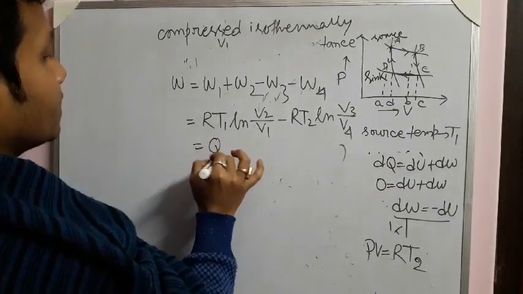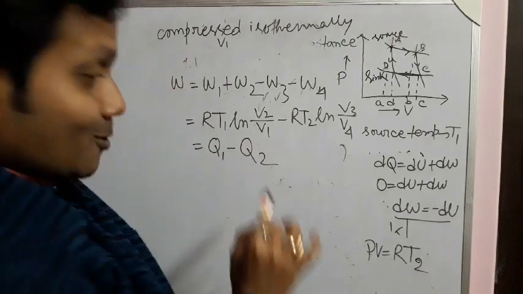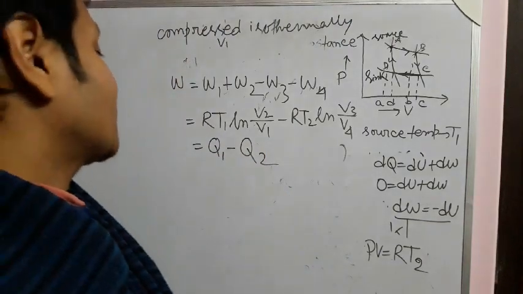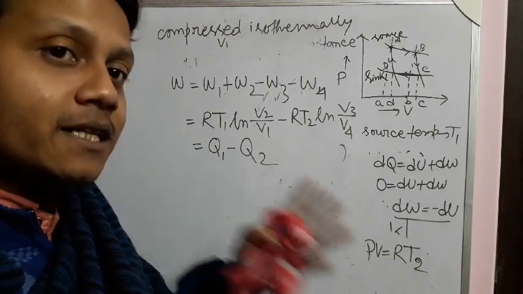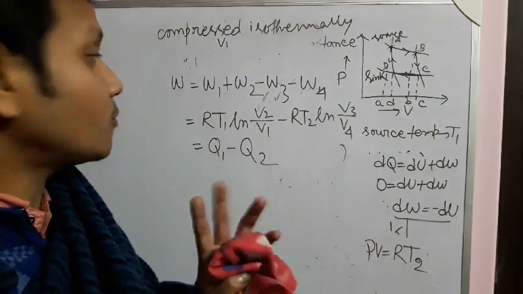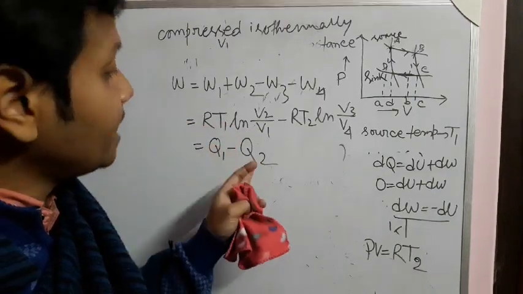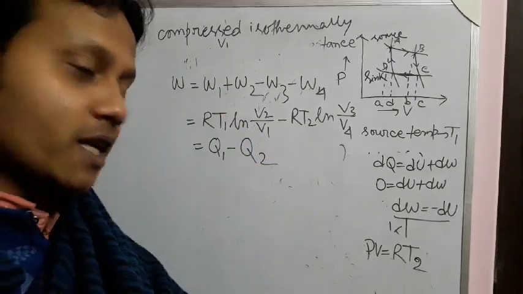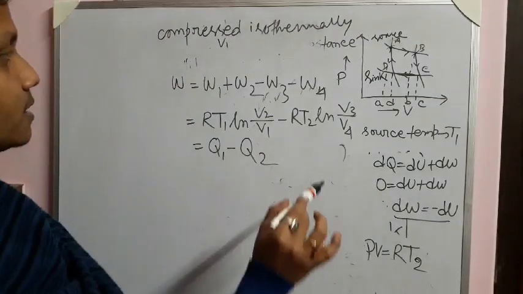So Q1 minus Q2. There you see that W equals Q1 minus Q2. That means the heat absorbed from the source will not be completely delivered to the sink. A part of it is used in work, while the remaining part is rejected to the sink. Okay, so this is a very important expression.